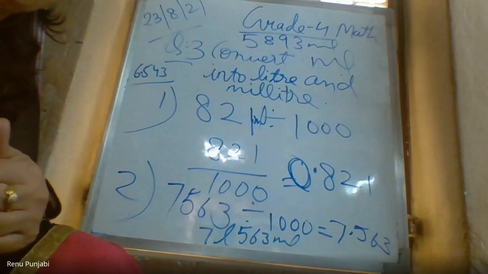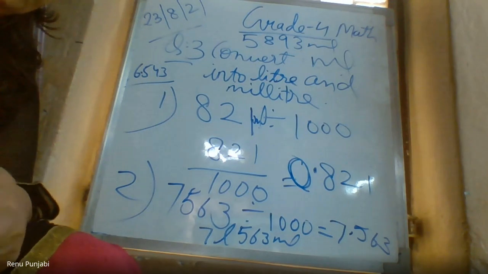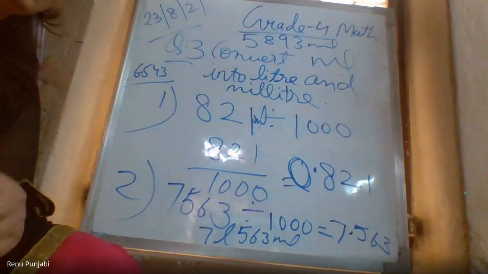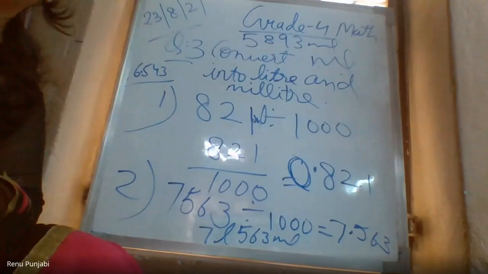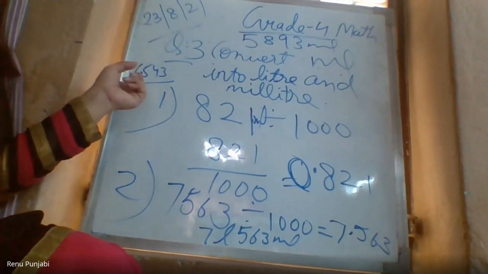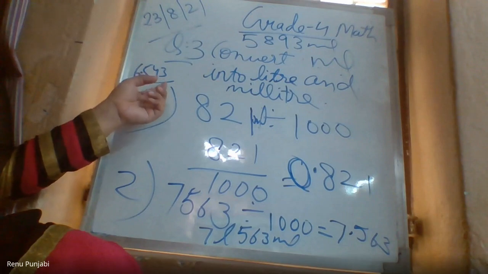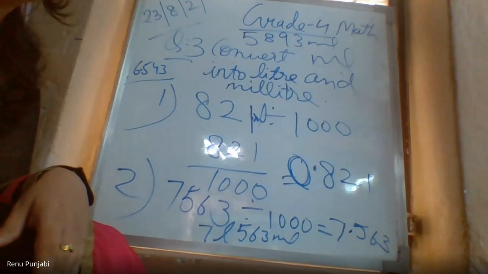So I will put the decimal after taking three numbers. So how many liters in this? 6 liters. And 543 ml. After the decimal, you will read it as 543 milliliters. Not 5,000. Yes, yes.